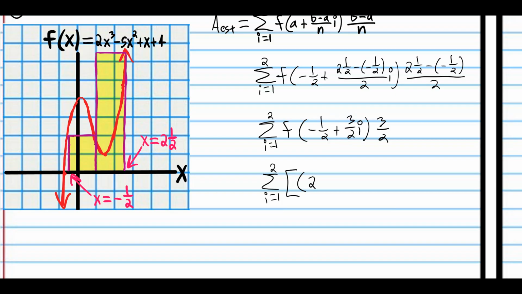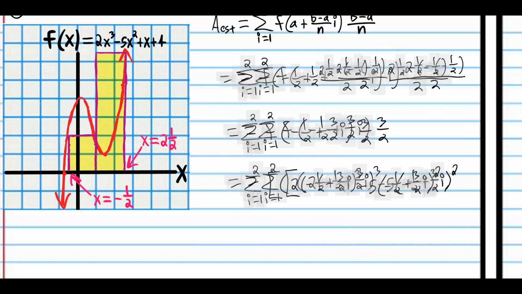So we have 2x cubed, but instead of x, I'm going to write negative 1/2 plus 3/2 I. Then we're going to write minus 5 times negative 1/2 plus 3/2 I to the second power, and so on and so forth.